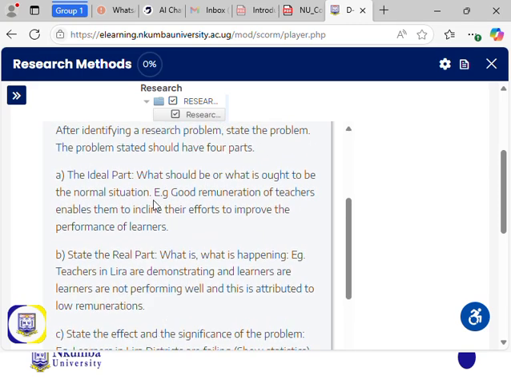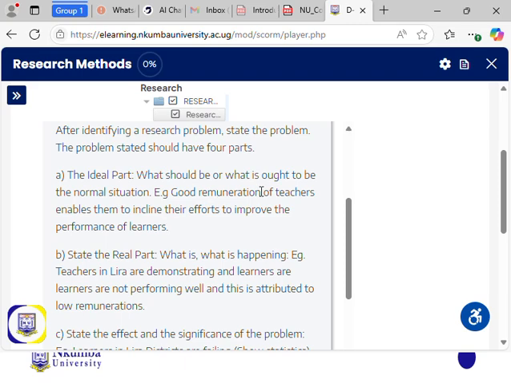Now here I would say, for example, we say good remuneration of teachers enables them to incline their efforts to improve the performance of learners. Is that reality or ideal? So that is what is expected.